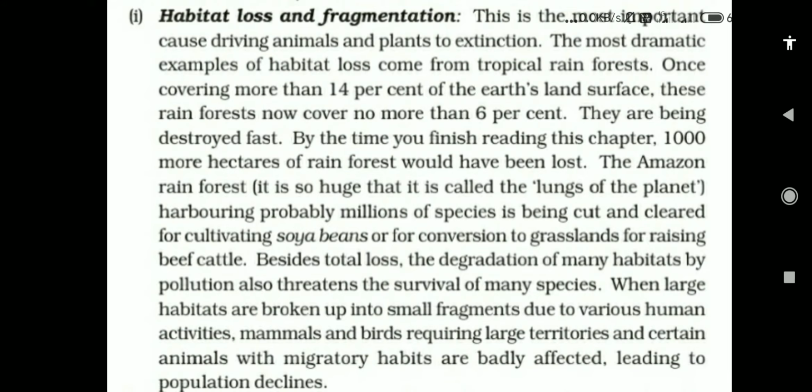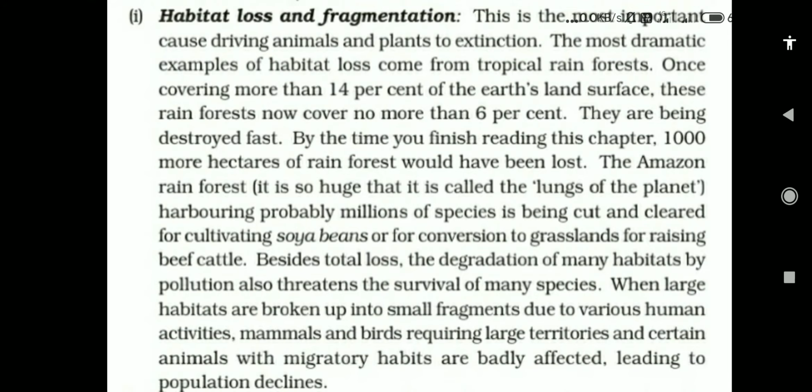So it is found that the main cause of the loss of biodiversity is habitat loss. We have destroyed the habitat of wild animals and plants, cut wide areas for our benefit, and habitat loss and fragmentation are the reasons for the loss of biodiversity.